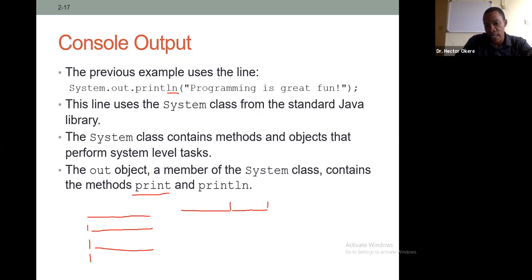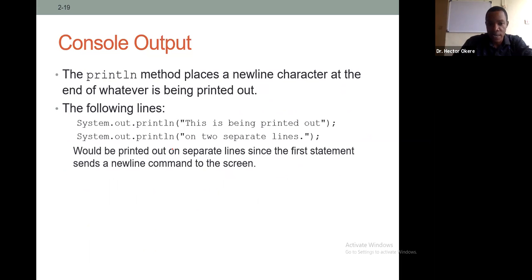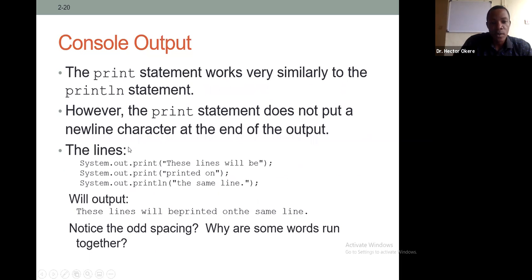If I want to say my name is whatever, you see, it will print it right beside it. This is the difference between print and println. Okay, so let me show you on the software.